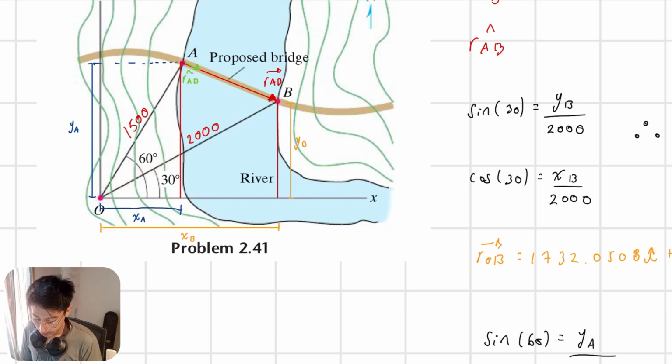All right, and every component of that vector, if I had multiplied it by the magnitude of the vector, I would have determined the vector.